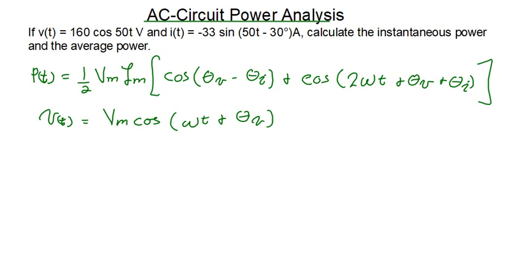Then what about the current? This will be indicated as I max cos omega t plus the phase angle of the current.